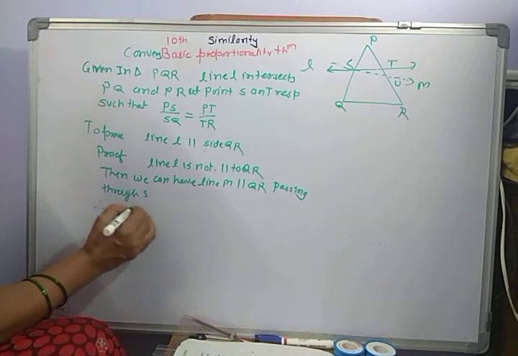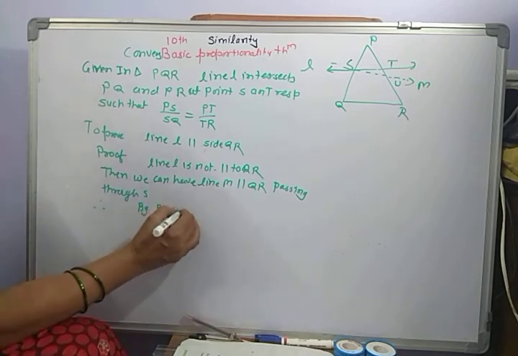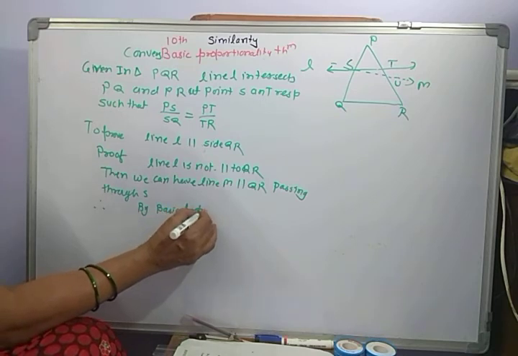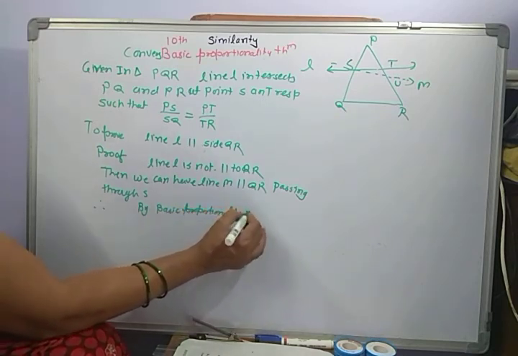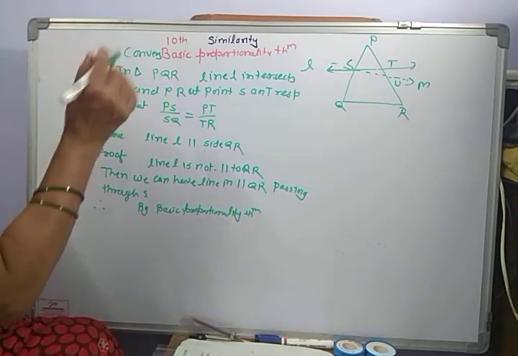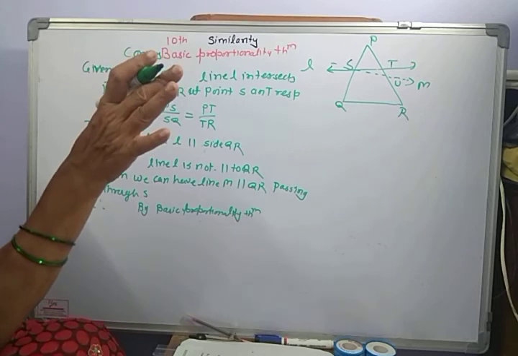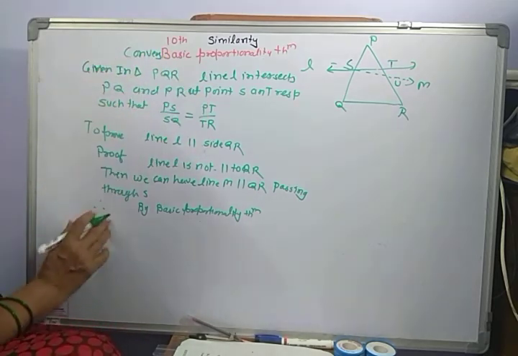Then by the basic proportionality theorem, and it intersects in another point. It is a different line, so U will be the point of intersection.